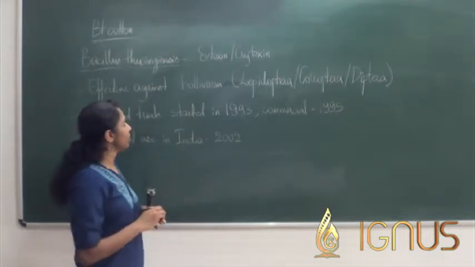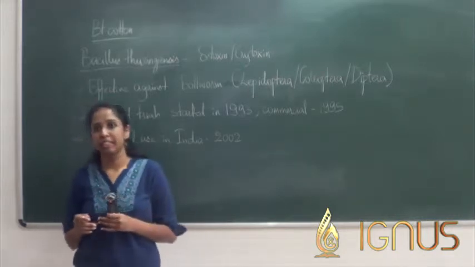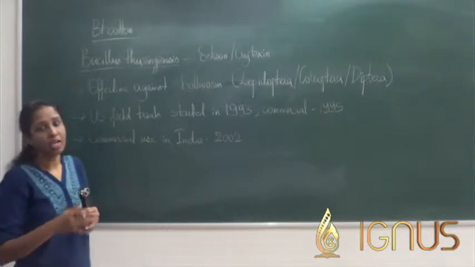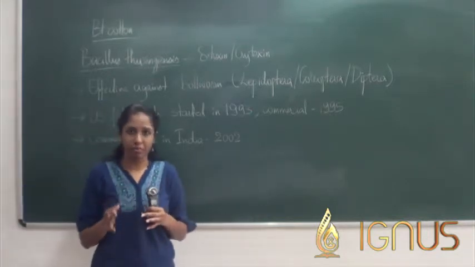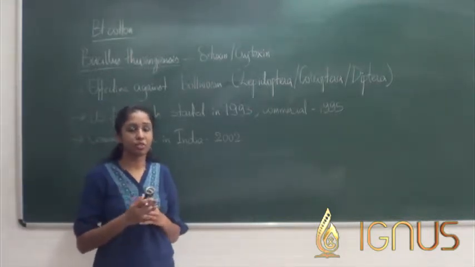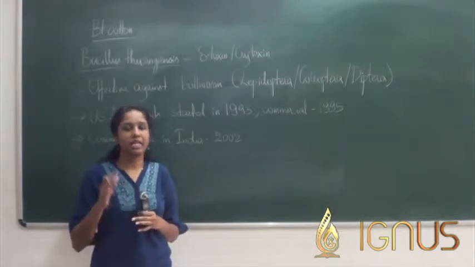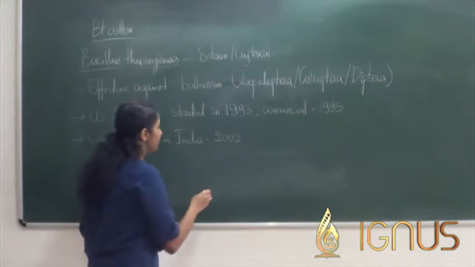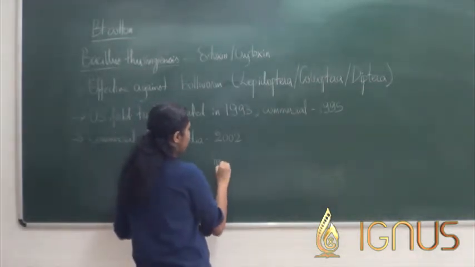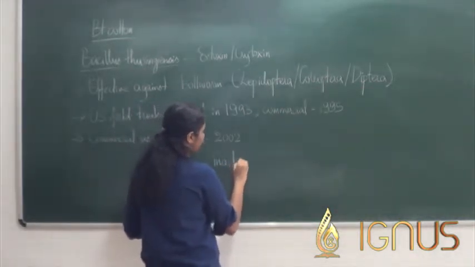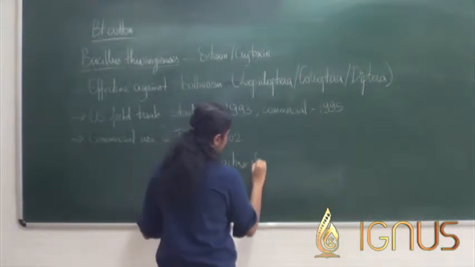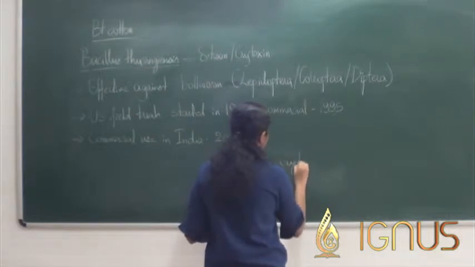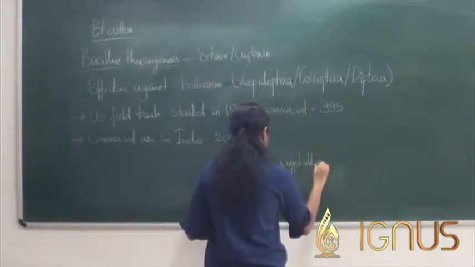And what happens with the delta toxin is that when the Bacillus thuringiensis bacteria is going for spore formation, it is going to be synthesizing the toxin. But the toxin is always in the inactive form, which is the crystalline form.